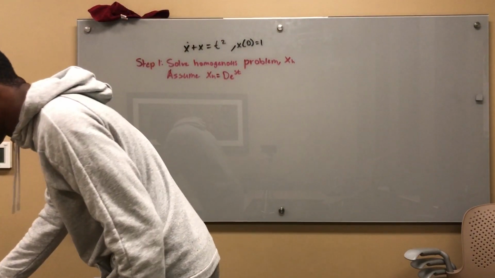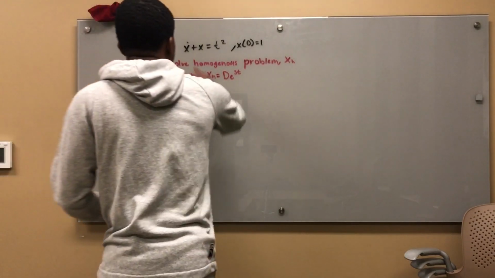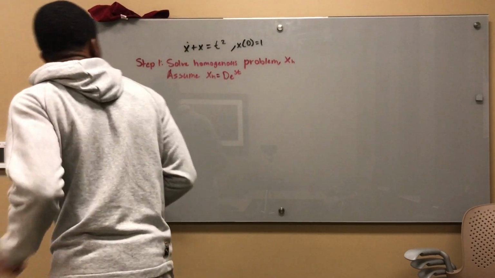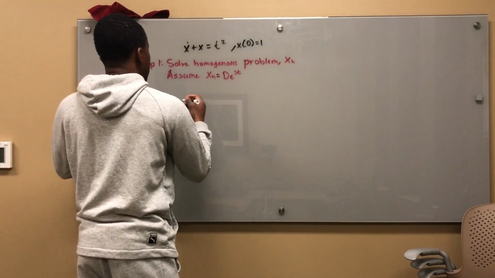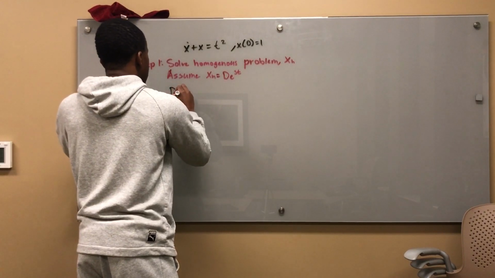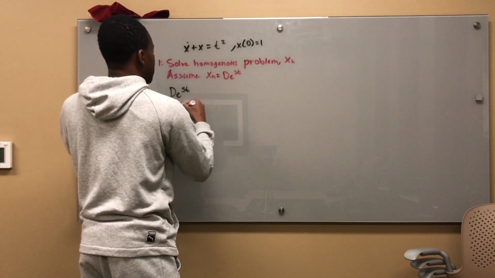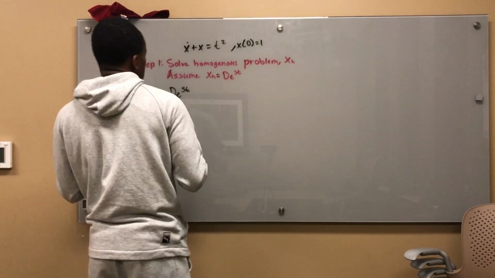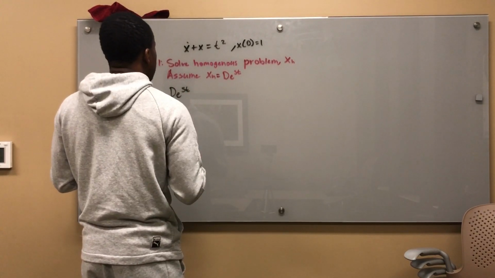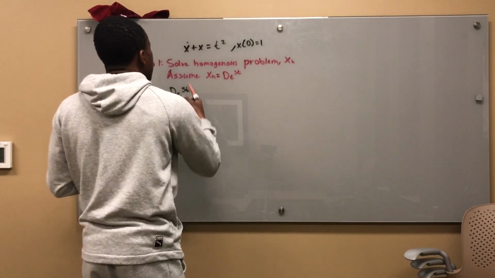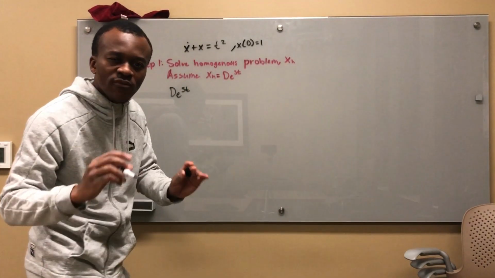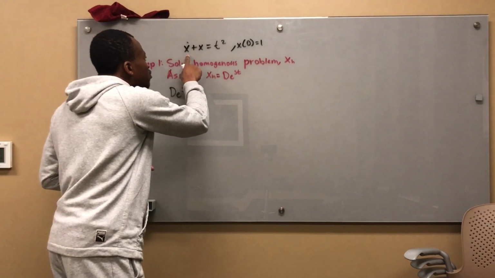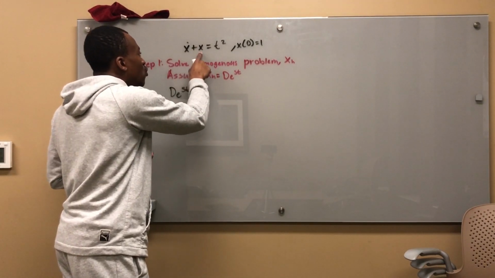Now, if I were to solve this, basically what we do here is we'd say d e to the st times, if you break this down, x dot would be equal to s and x would be equal to 1.